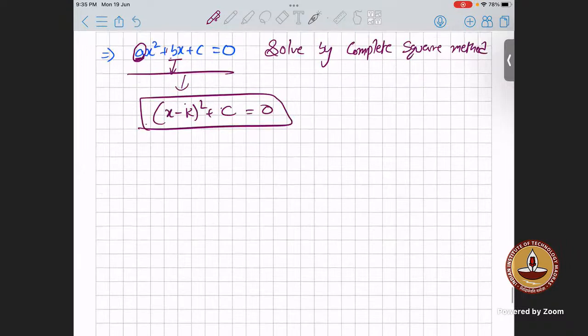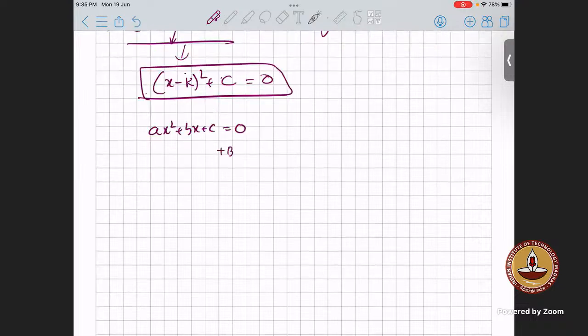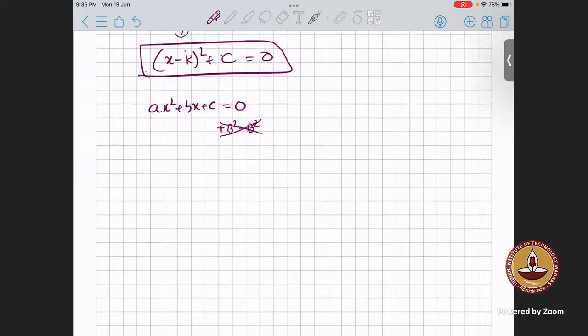But you only have ax square plus bx plus c equal to 0. What you can do is only add some b square value or minus b square, add and subtract. So what I'm doing is that I know there is a, but this b is not the actual b.